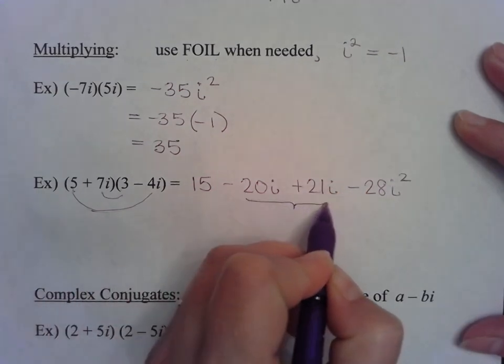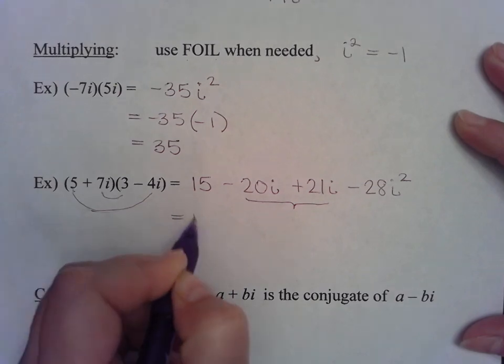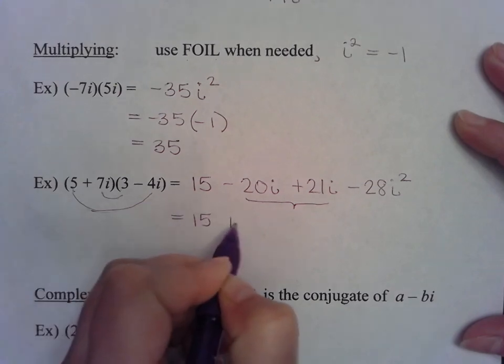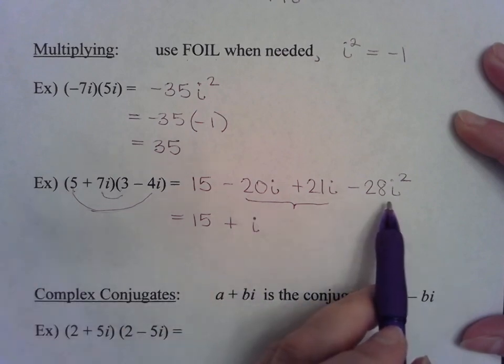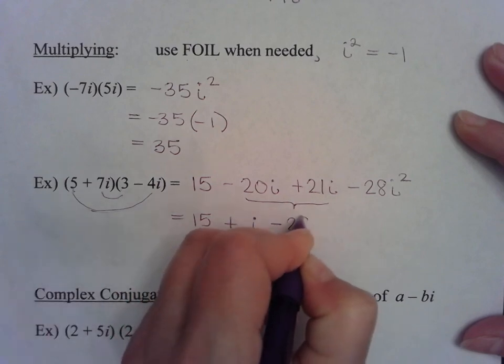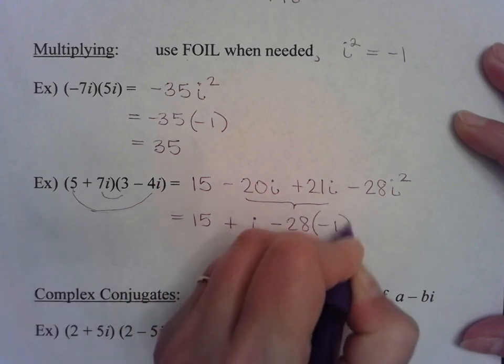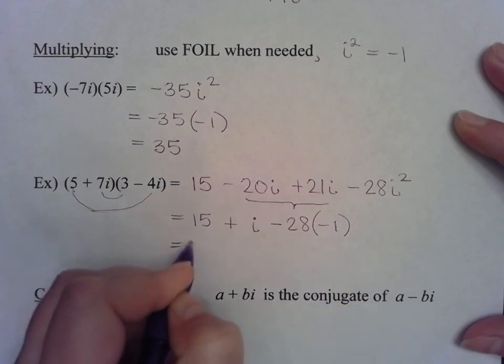These two terms in the middle are alike, so we could combine those. So that would be 15 plus 1i, or just i. And then here's that i squared again, so I'll write it out, but really that i squared is going to change the sign of this 28 and make it positive.